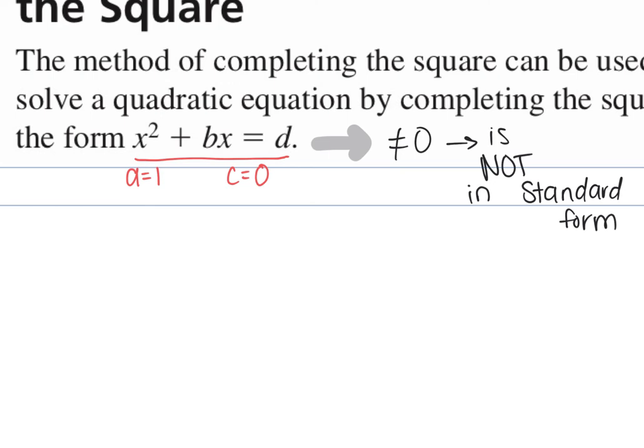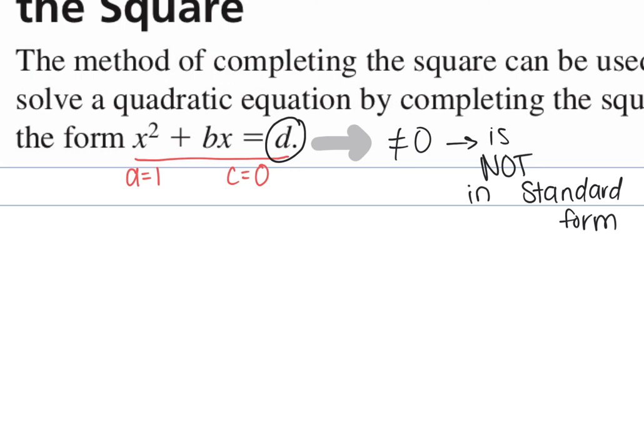If you have a constant, you're going to move it to the other side of the equation. You want your expression to look like this. Do you guys see that? Your c term is still 0, your a term is still 1, but it's not equal to 0, it's equal to a d term.